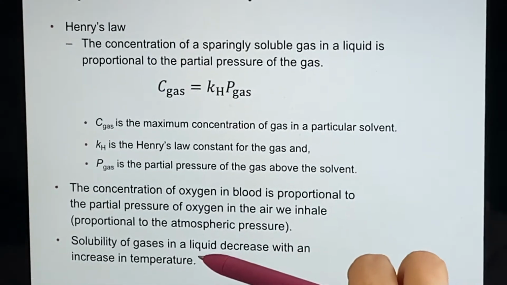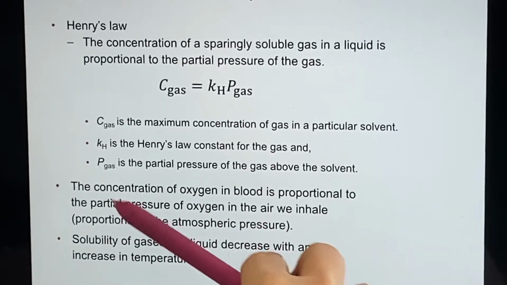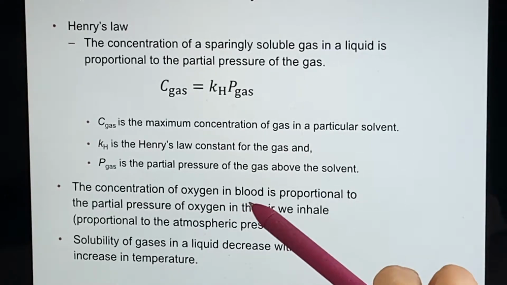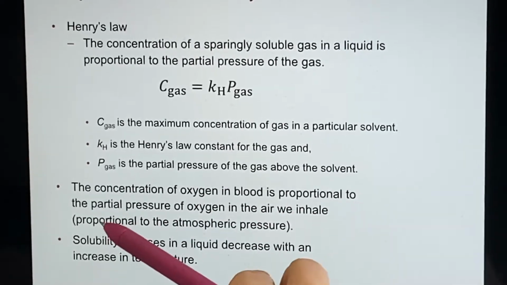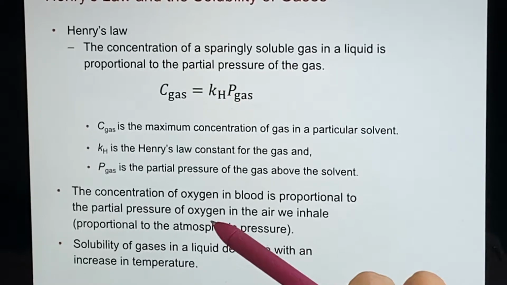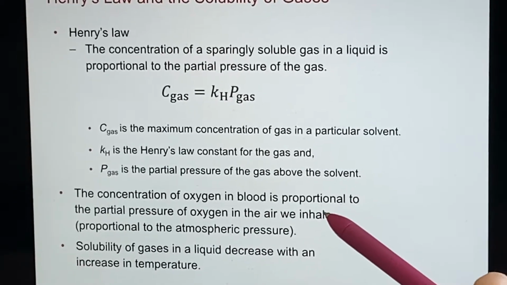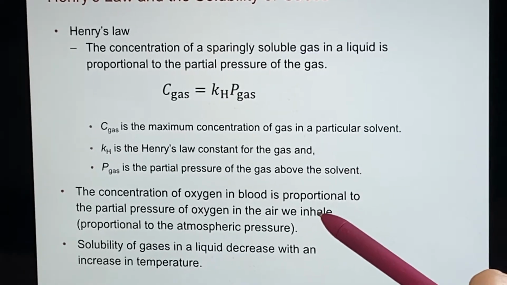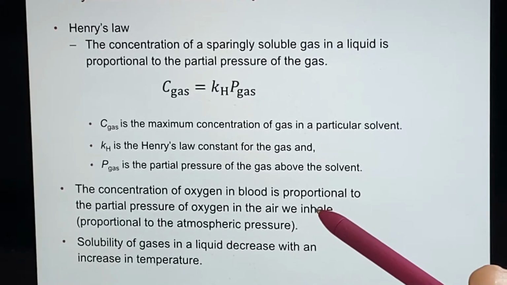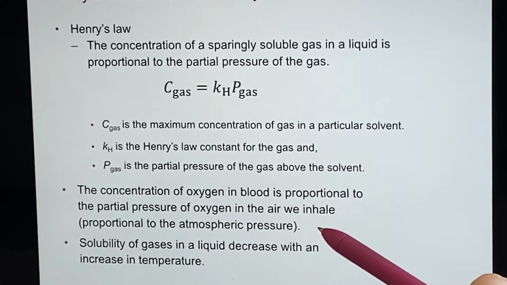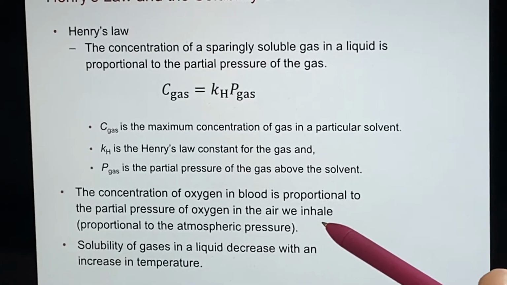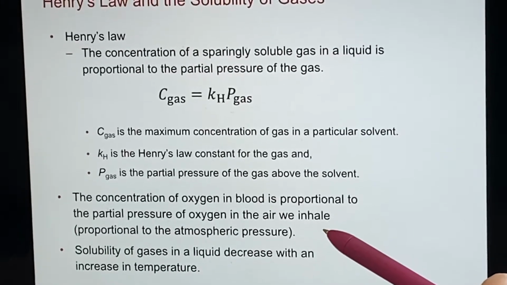Why do we care about this? Well, again, not just goldfish, also people. The concentration of oxygen in your blood is going to be proportional to the partial pressure of oxygen in the air that you inhale. This is why when people climb Mount Everest, they end up having to take oxygen tanks with them, because as you go higher up in the atmosphere, you have less pressure.